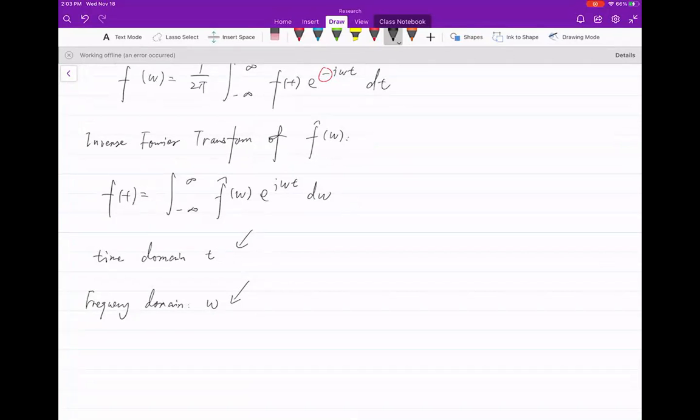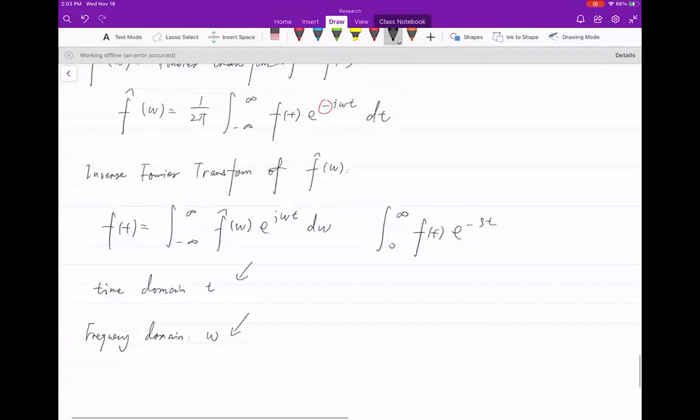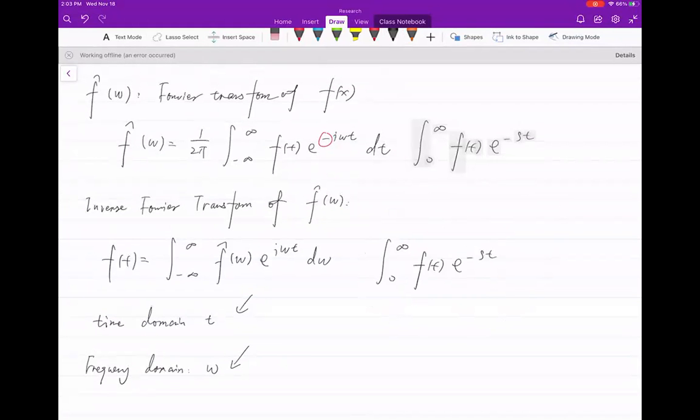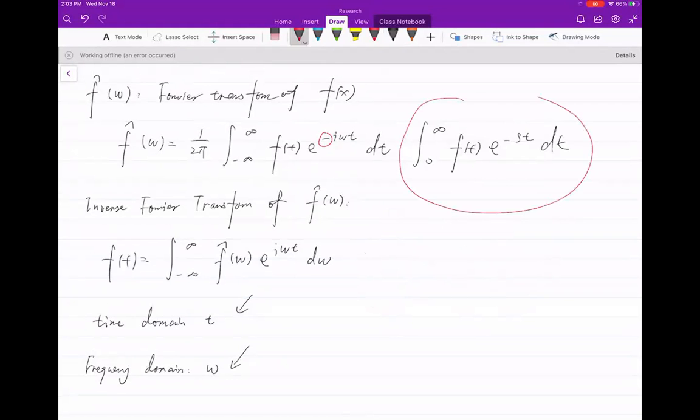Okay. This is the Laplace transform. This is the Fourier. Do you see the similarity? So think about, how did we get Fourier analysis again?